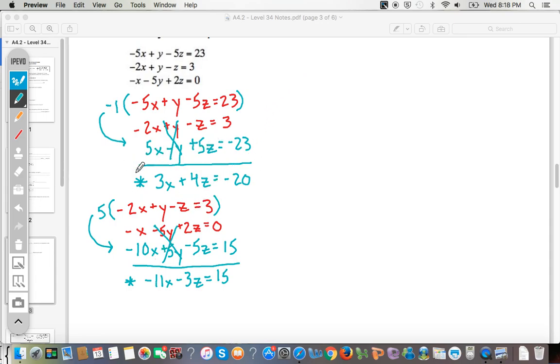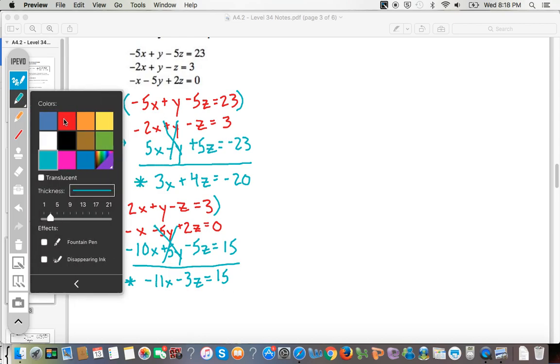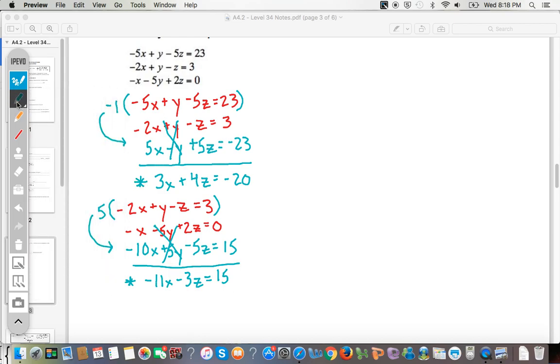So I'm going to take my starred equations right now and try to solve for one of my variables. Again, I'm going to use elimination. Okay, so let me change color.